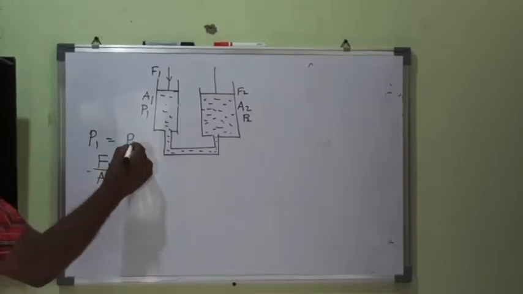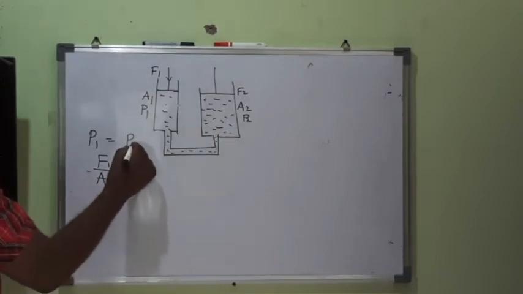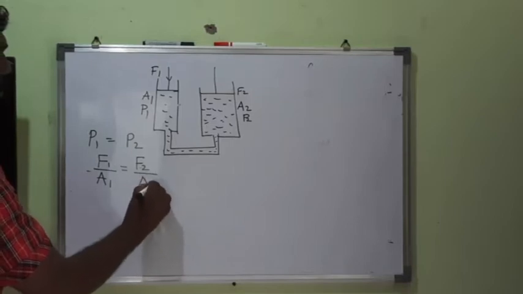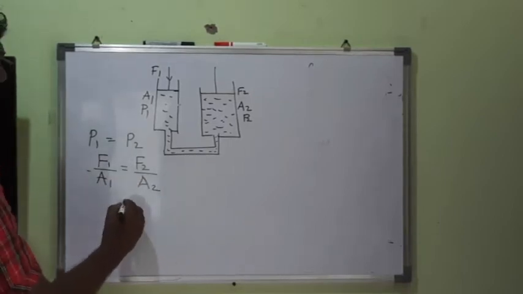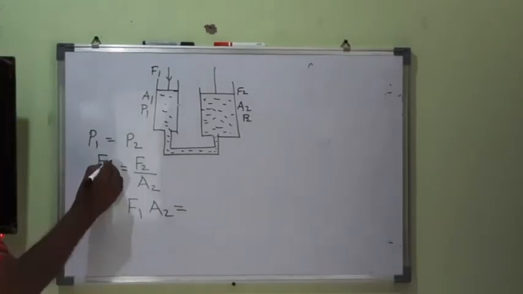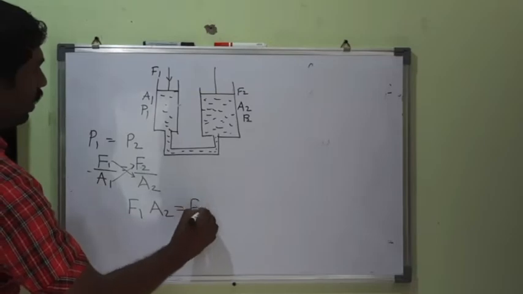Similarly, we can write instead of P2, that is the pressure on the second piston, is equal to F2 by A2. And cross multiplying, we will get F1 A2 is equal to F2 A1.